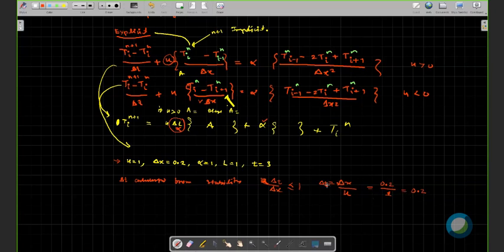Okay. Now how many n should be there? At n equal to 0, t is equal to 0. Then at n equal to 1, what will be the t? t plus delta t means you are moving at 0.2.